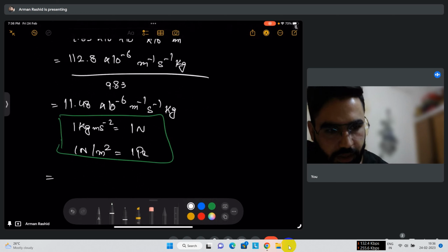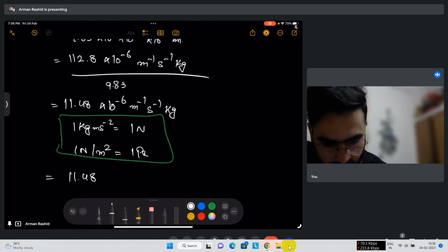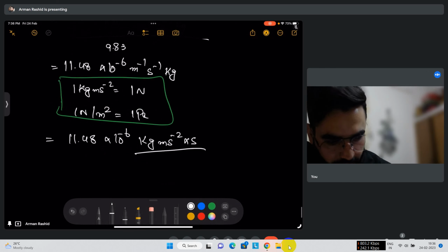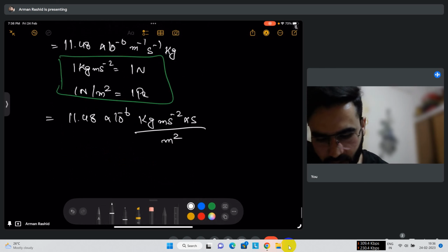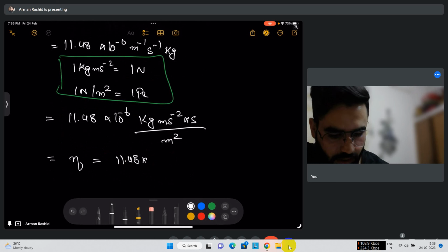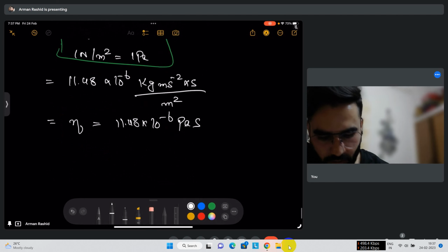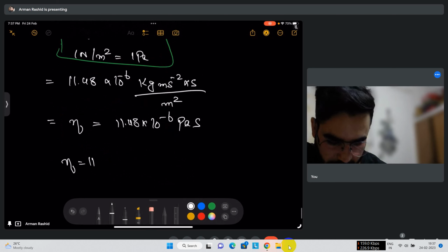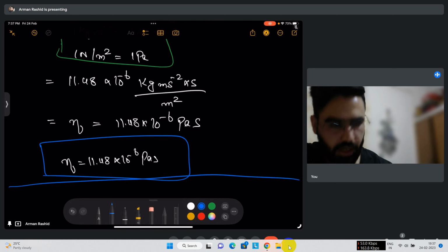So we'll use these equations. 11.48 multiplied by 10 to the power minus 6 kg meter per second square multiplied by second divided by meter square, so eta will be given by 11.48 into 10 to the power minus 6 Pascal second. Okay, so this is our result.